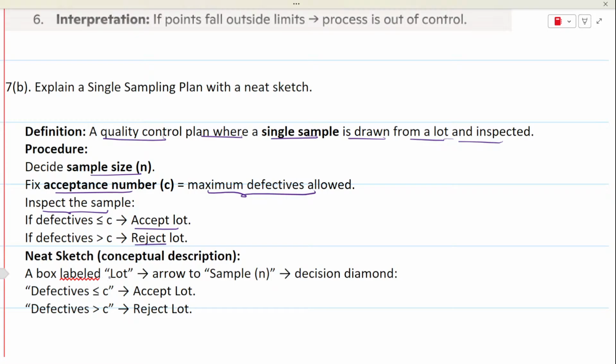The box is labeled as lot with an arrow to sample, and the decision is the diamond. If defectives are less than the value C, then accept the lot, and if defectives are greater than C, then the lot is to be rejected.